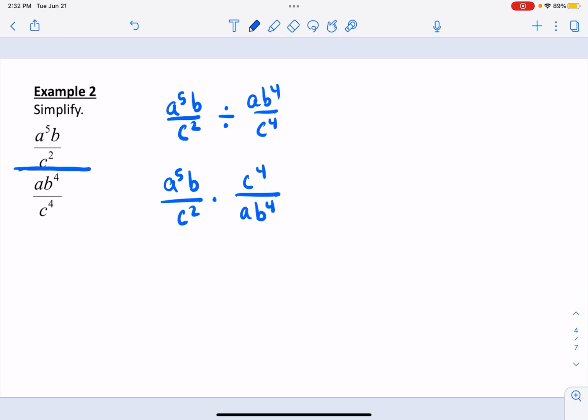So I'm going to start canceling with my a's. A to the 5th and a cancel, and that becomes an a to the 4th. B's, that becomes a 1, that becomes a b to the 3rd.